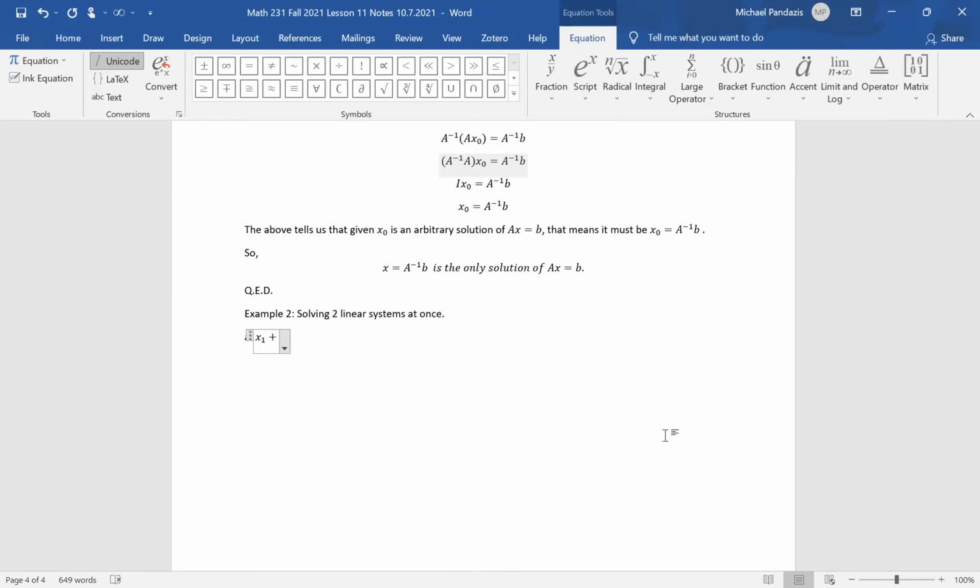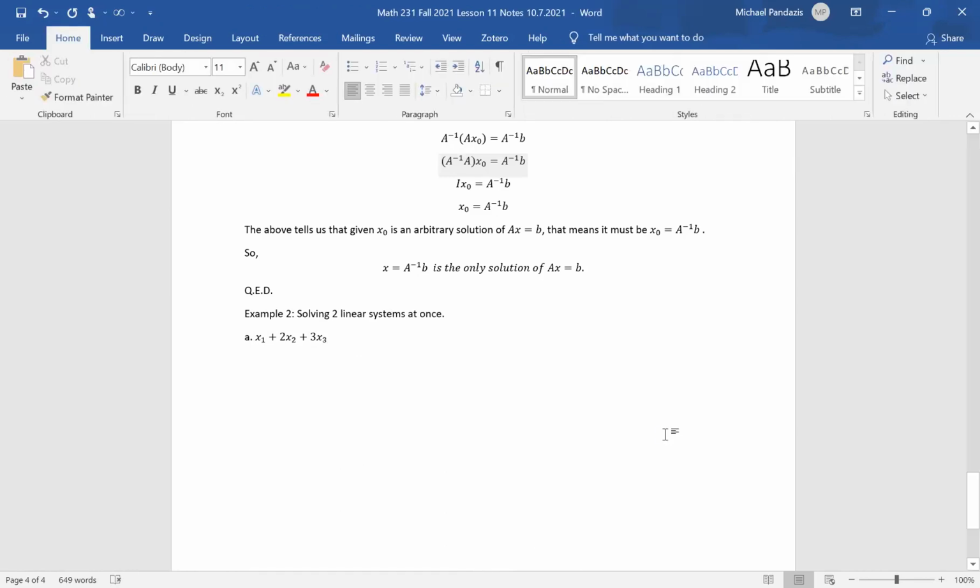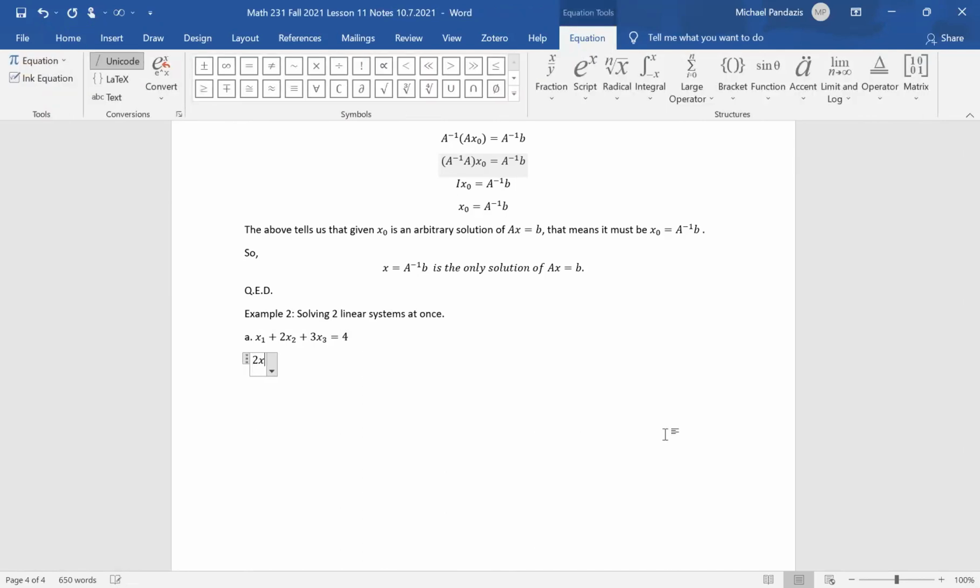So you have x1 plus 2x2 plus 3x3 is equal to 4; 2x1 plus 5x2 plus 3x3 is equal to 5; x1 plus 8x3 is equal to 9.